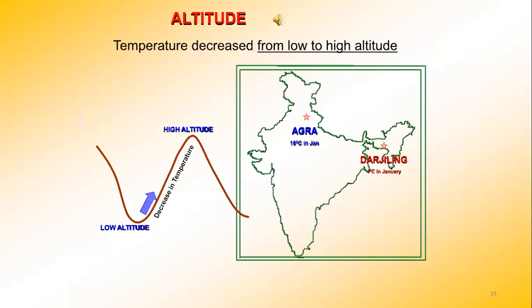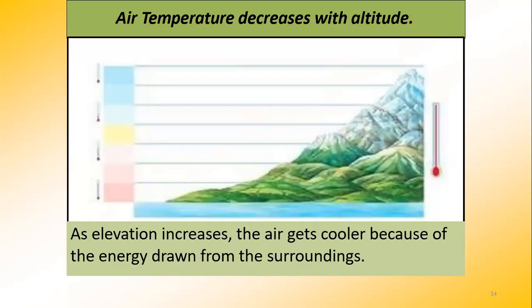Same month, but the temperature differs. The temperature of the air decreases with altitude. As elevation increases, the air gets cooler because of the energy drawn from the surroundings.